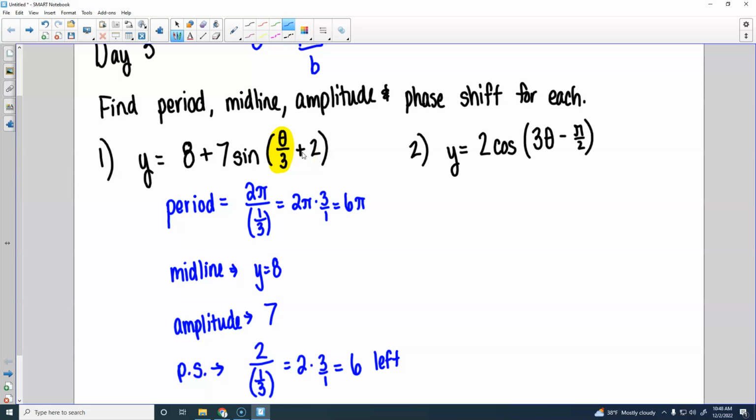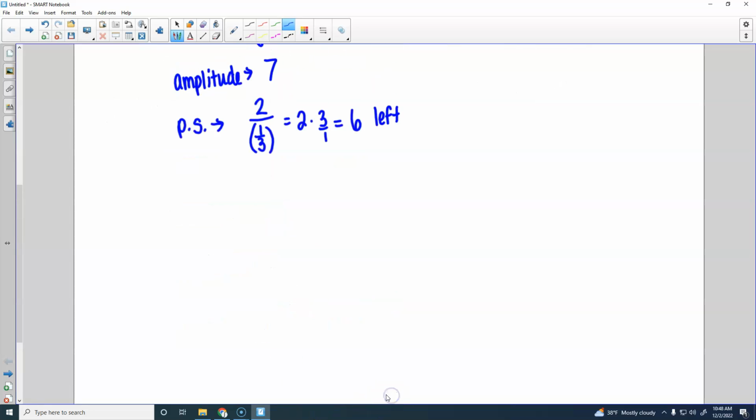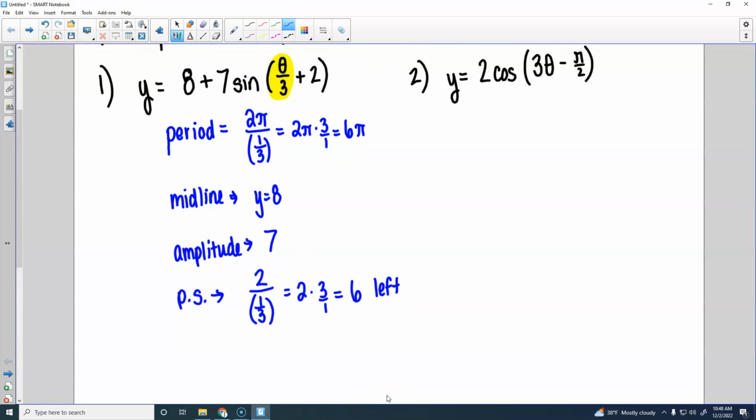So you can do it that way. Or if you want, you can do negative C over B. And you will get negative 2 times 3 over 1, which will give you negative 6. And that negative tells you that it's left. If this right here is negative, it will go to the left.